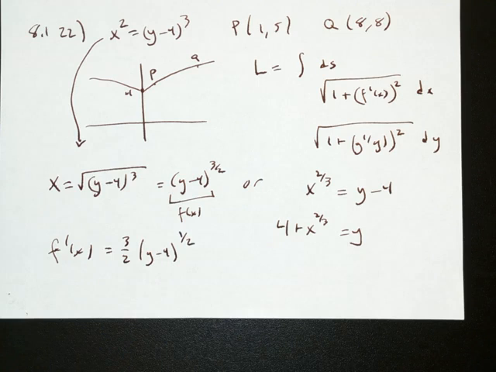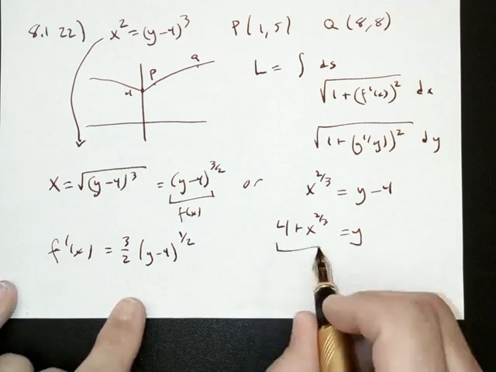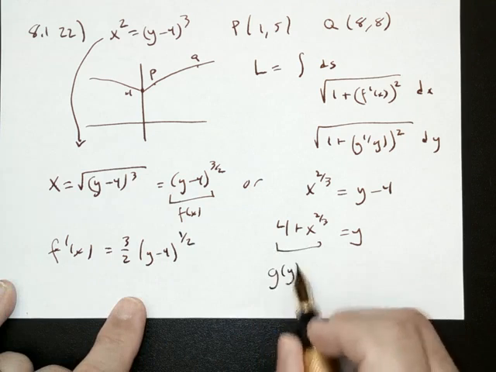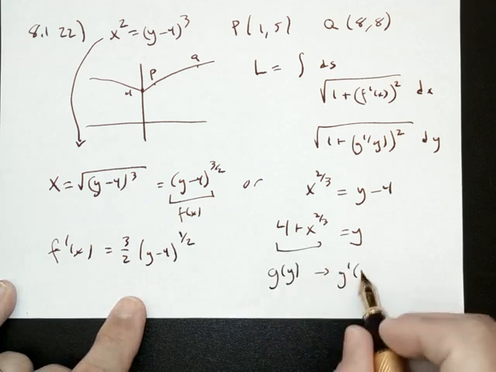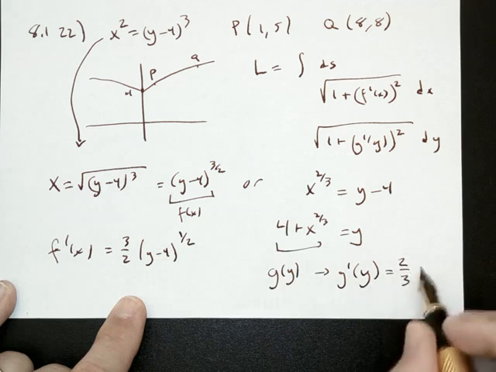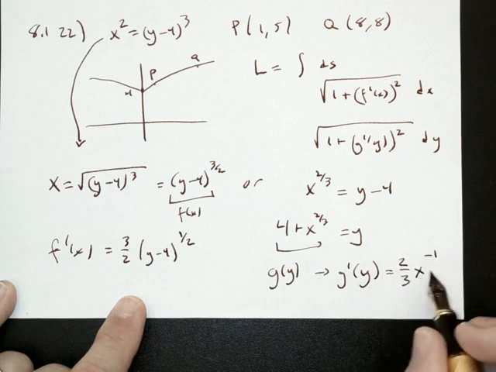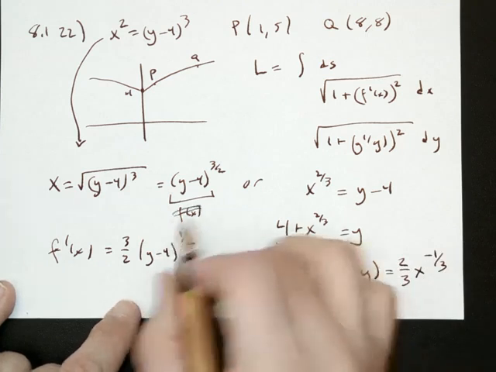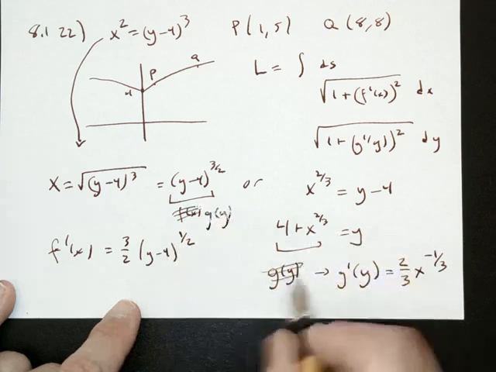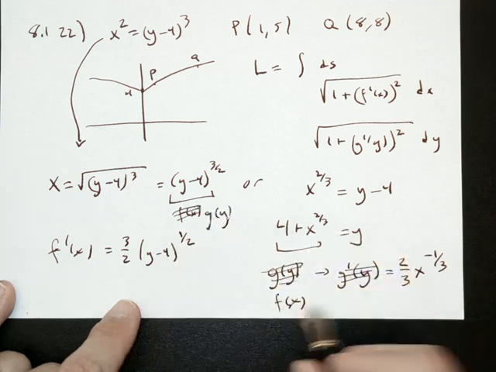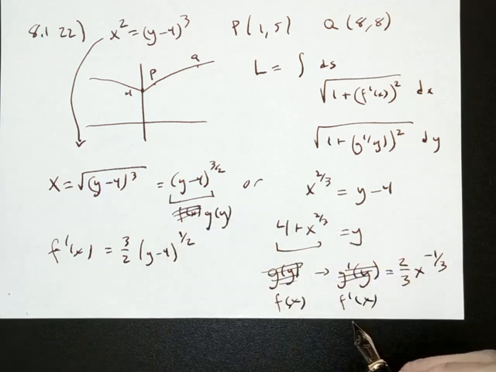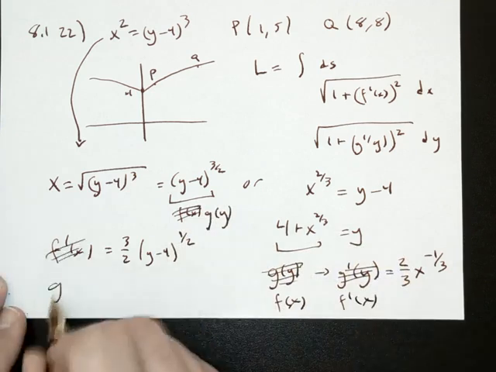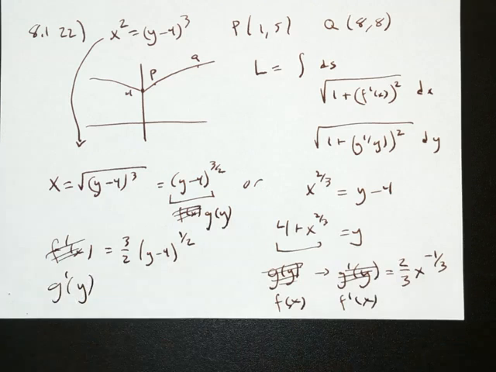Over there, I have the 2/3 on the other one. If I think of this as g of y, then g prime of y is 2/3 x to the negative 1/3. I've now said that exactly backwards. This is g of y. This is f of x. It helps if you read which variable you're working in. I apologize. That was dumb of me.